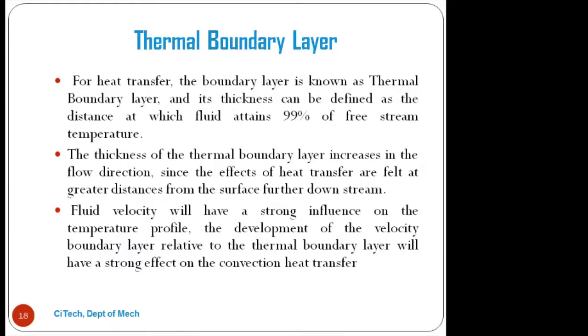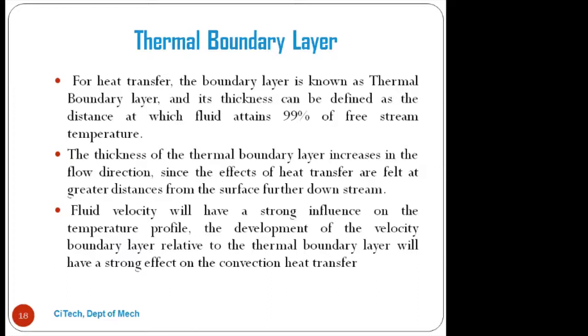The development of the velocity boundary layer will have a strong effect on the convection heat transfer, mainly in the case of forced convection heat transfer. So the main thing is that the thickness of the boundary layer increases in the flow direction, and the velocity of the flow will have a strong influence on the temperature profile.